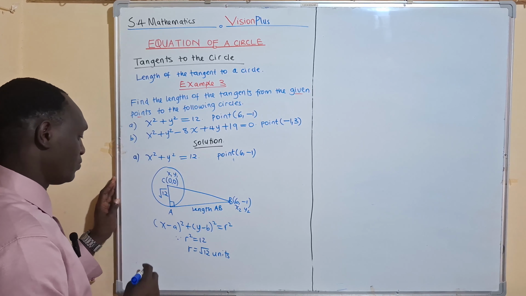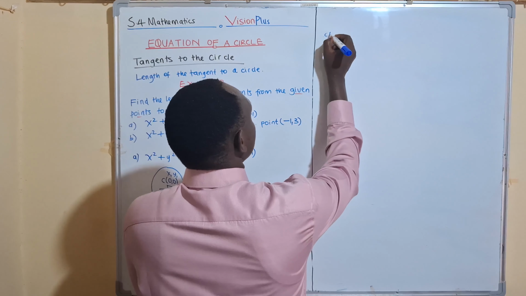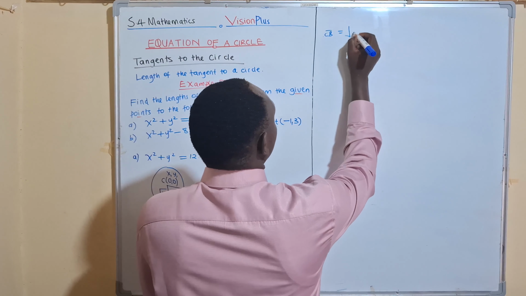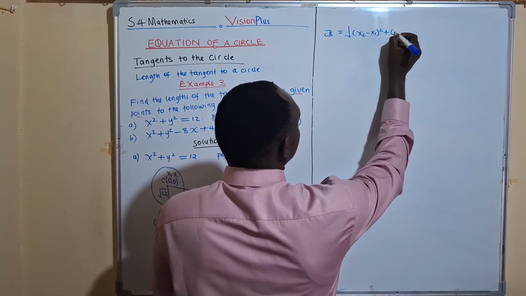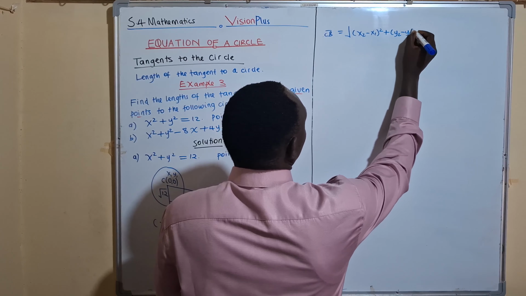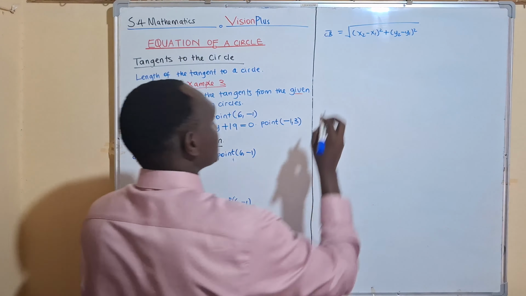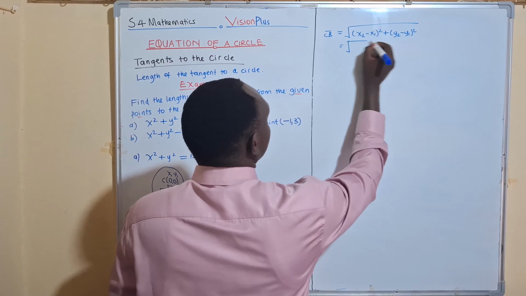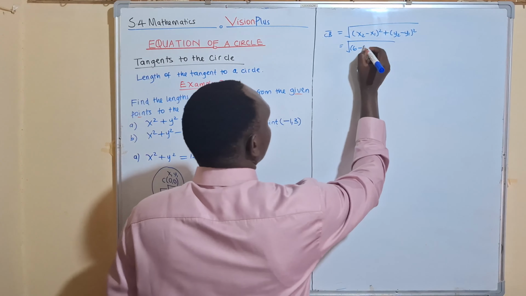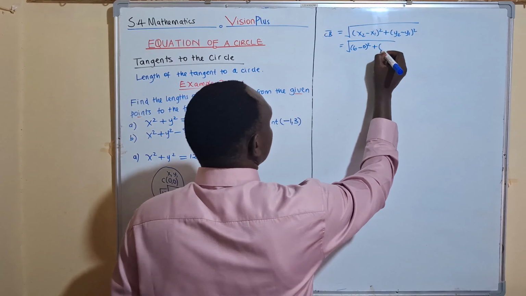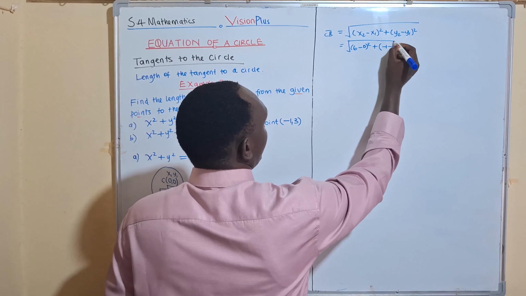Then we substitute in the formula, where the length CB is given by the square root of x2 minus x1 squared plus y2 minus y1 squared. Then we substitute x2 is 6 minus x1 is 0 squared, plus y2 is -1 minus y1 is 0 squared.